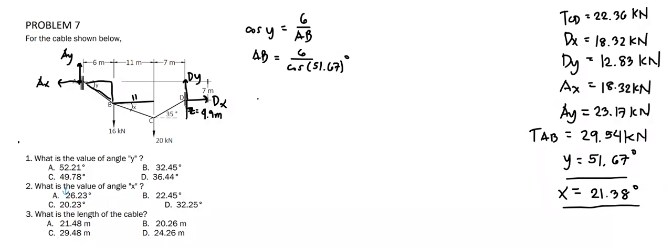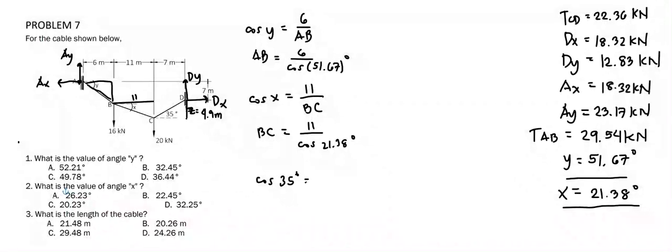We can again use the cosine function. So cosine x is equal to adjacent 11 divided by hypotenuse BC. So the length of BC is equal to 11 divided by cos 21.38 degrees. And to solve for the length of CD, we do the same thing. Cosine of 35 degrees is equal to the adjacent length, that is 7, divided by CD. So CD is equal to 7 divided by cosine of 35 degrees.